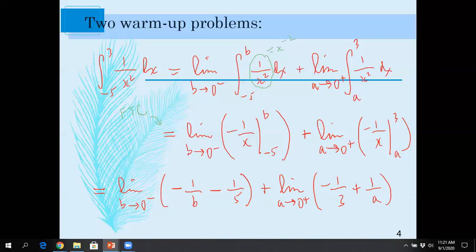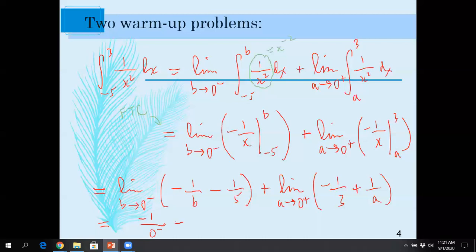Okay, and let's think about what happens with this together. So what about the first thing? What does that go to? What's 1 over 0 minus going to go to? Look, I'll just write this in here. I told you last time that I'm fine with you doing this. I have a -1 over 0 minus, and it's okay to write that so you can think about what's happening here.